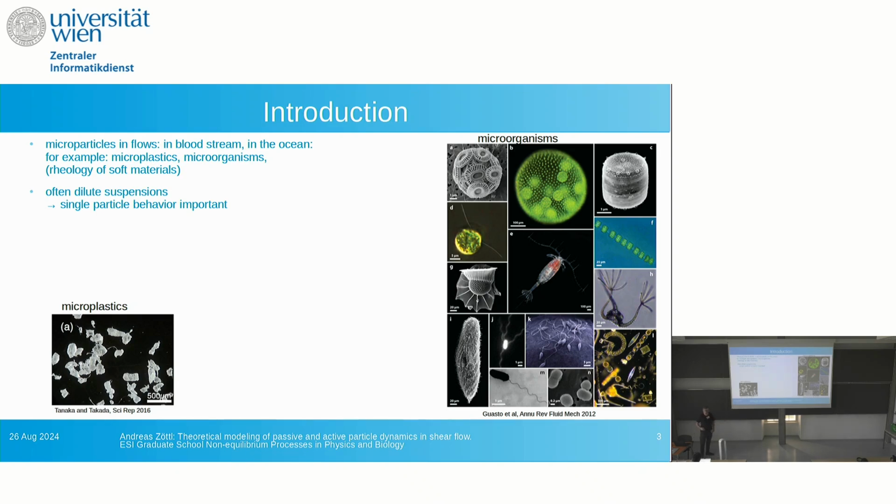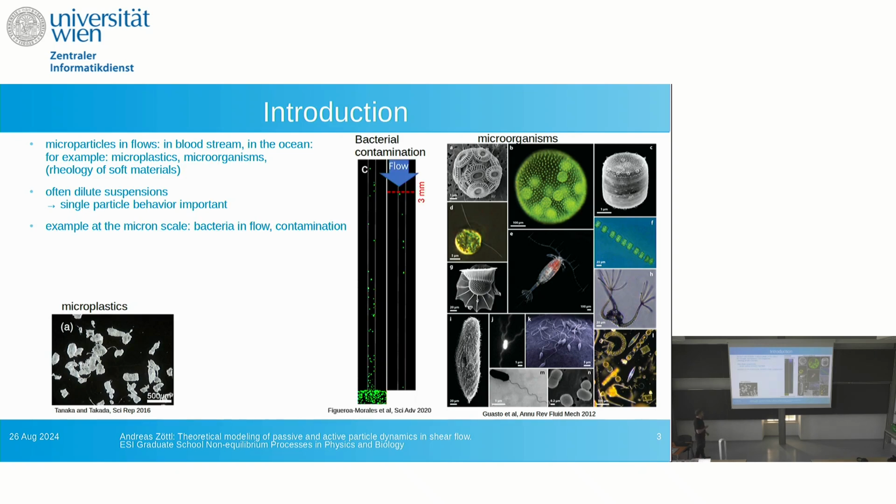And rheology, often you deal with dense suspensions, but here I want to talk about really dilute suspensions, and extremely dilute, meaning that we only consider single particle motion. And it is often very important also, these very dilute situations. You can imagine, for example, in the ocean, it's huge, and you have many particles which do not have really collective motion, but individual motion.